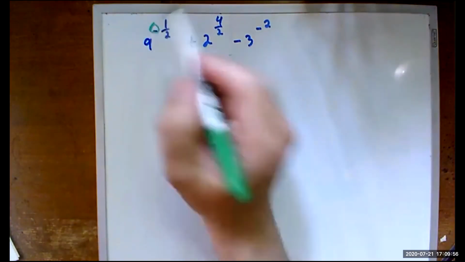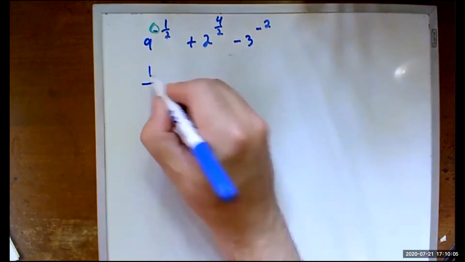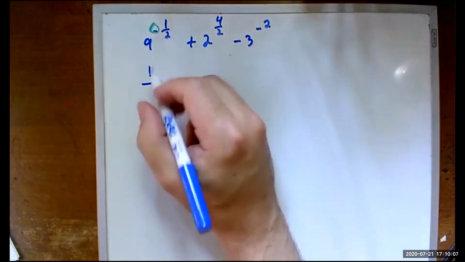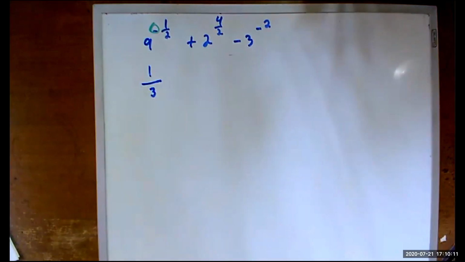Let's start with nine to the power of negative 1/2. There's a couple of things happening in there at the same time. We have the negative, which is telling us to put it on the other side of the fraction, and then we have the 1/2, which is asking us for the square root.